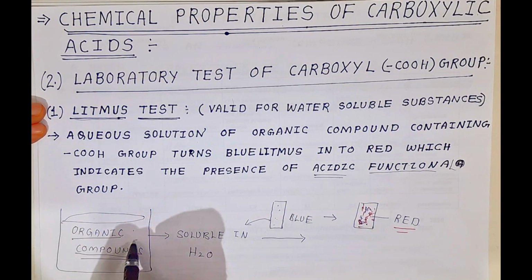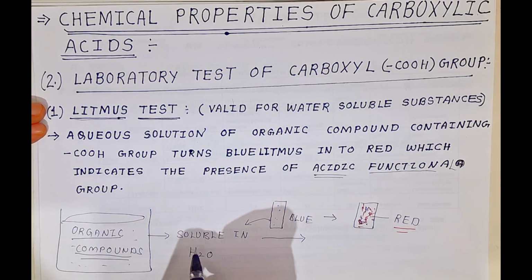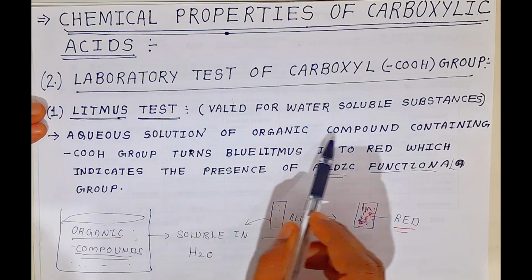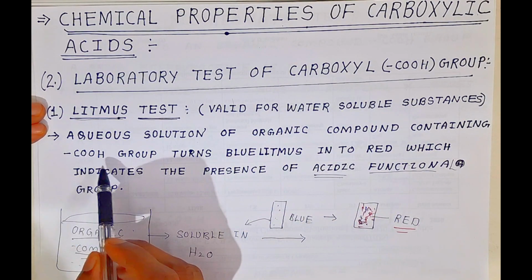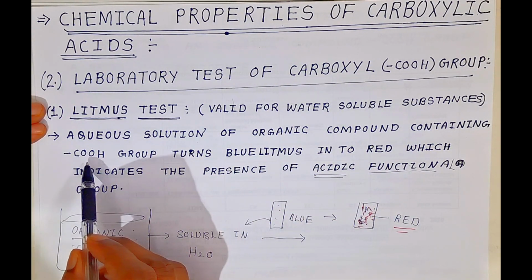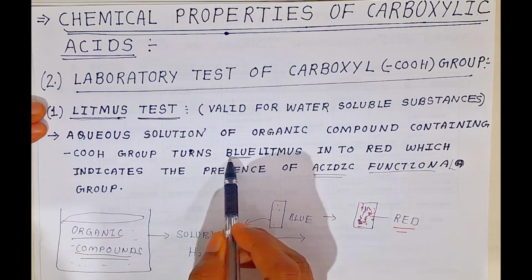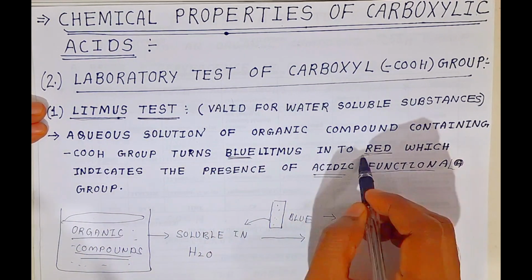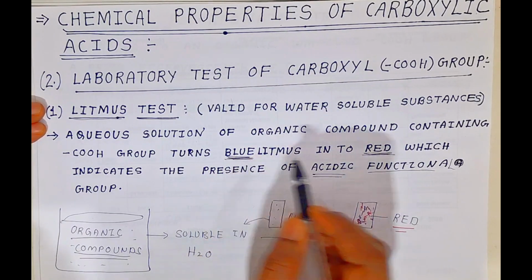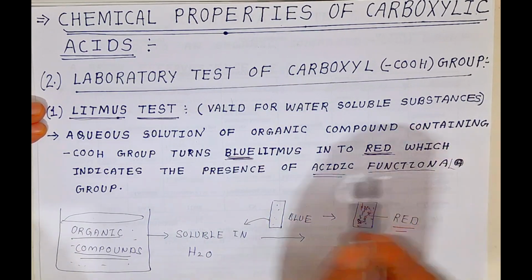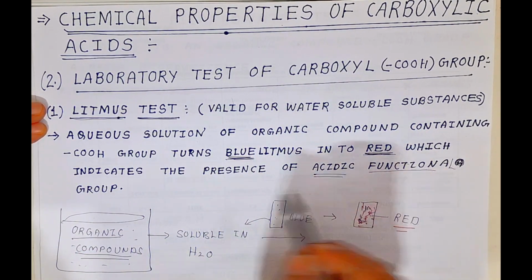The aqueous solution of an organic compound containing the minus COOH group, which we also call the carboxylic group, turns blue litmus paper into red, which indicates the presence of an acidic functional group.